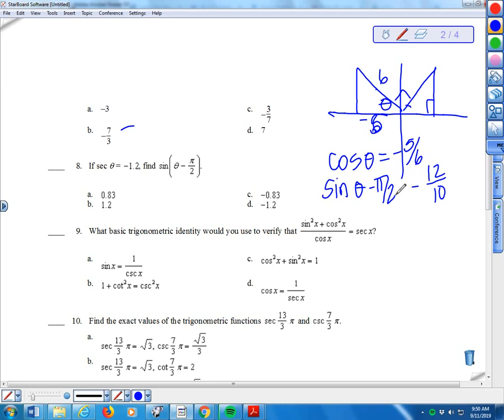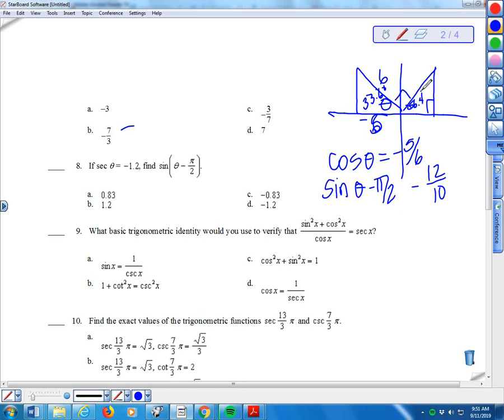I'm not explaining it very well, so I'm going to explain it better. If I actually find the angle, inverse cosine of 5 divided by 6, the angle here is 33.6 degrees, right? If I make its complement over here, that's going to be 56.4 degrees. And I'm trying to find sine of 56.4. Okay?